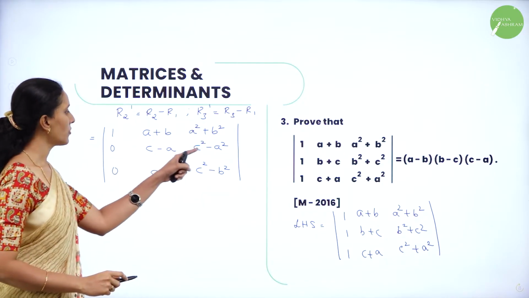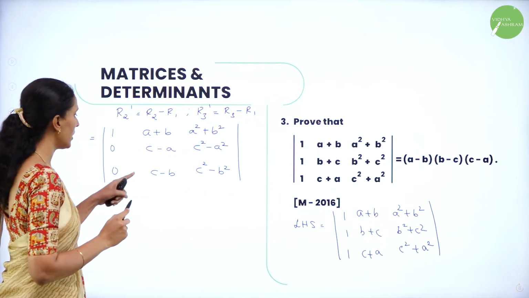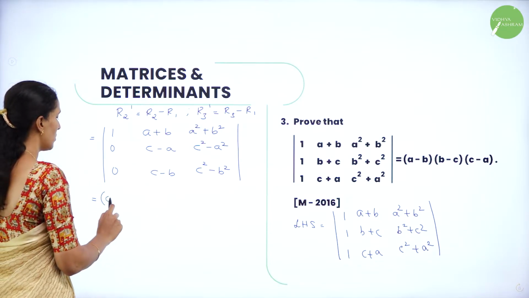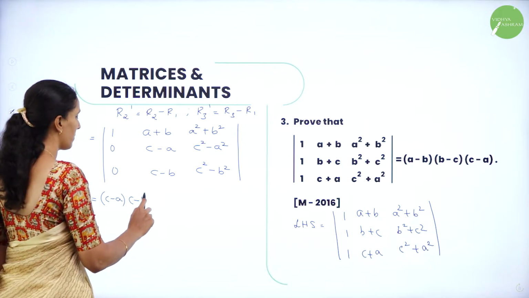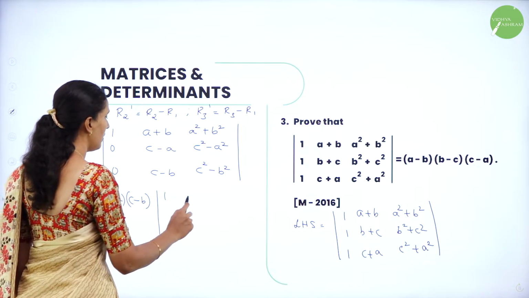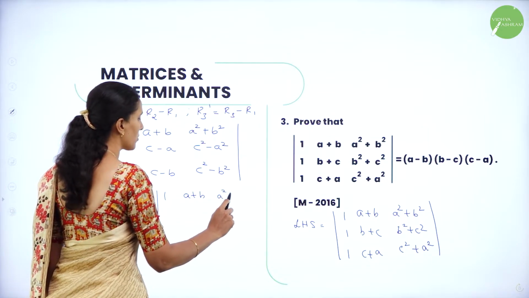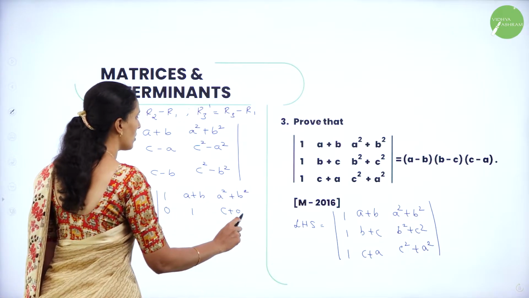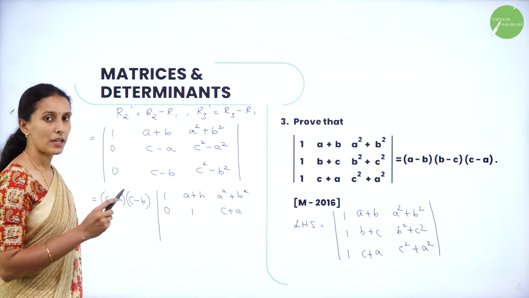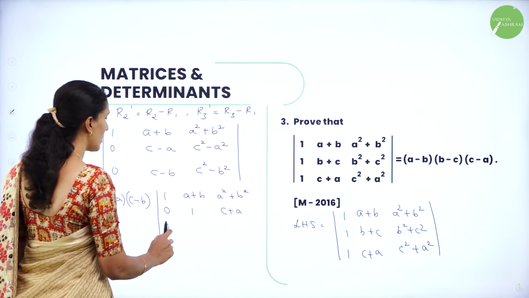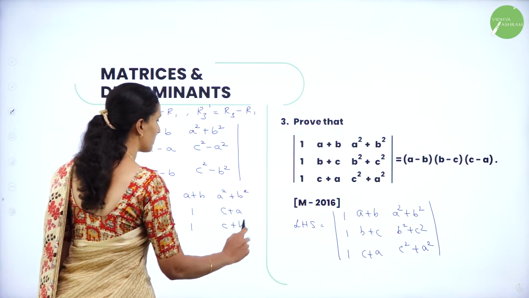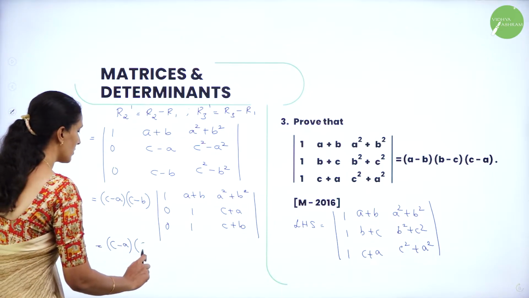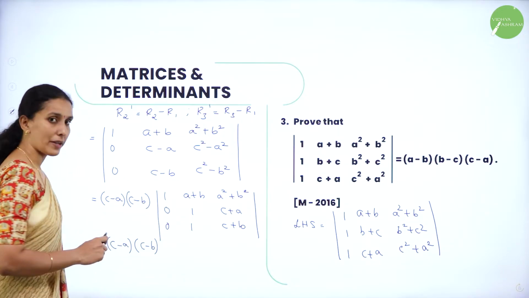Now in the second row we have C minus A as a common factor. In the third row we have C minus B as a common factor. Let us take it out. So C minus A, C minus B, and we have 1, A plus B, A square plus B square. Here it is 0, 1, C plus A, because C square minus A square means C minus A into C plus A. Similarly, here 0, 1, C plus B. Let us evaluate this determinant times C minus A into C minus B. I am evaluating with respect to column.